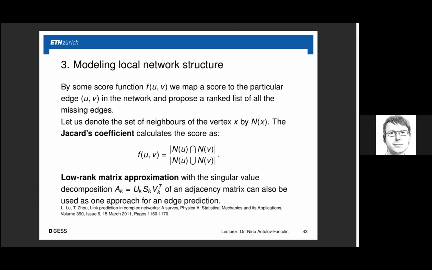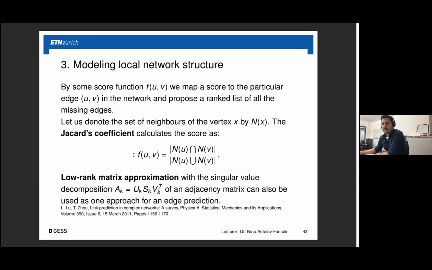So one way that was already proposed naturally by our students is the following. Let's have some score function f(u,v). We map a score to a particular edge and propose the ranked list of the missing edges. Let us denote the set of neighbors of vertex x by N(x).